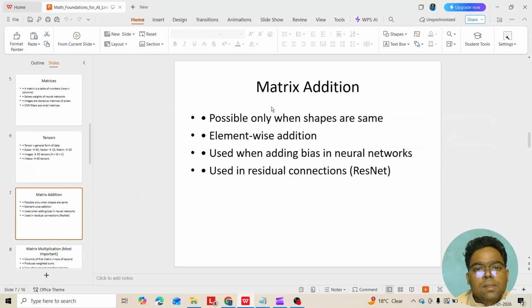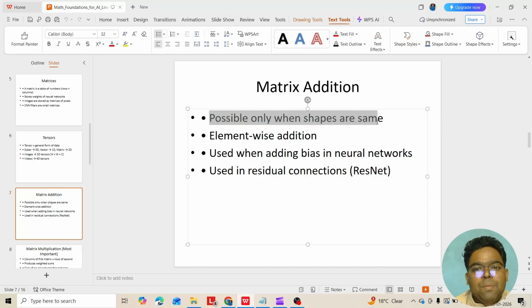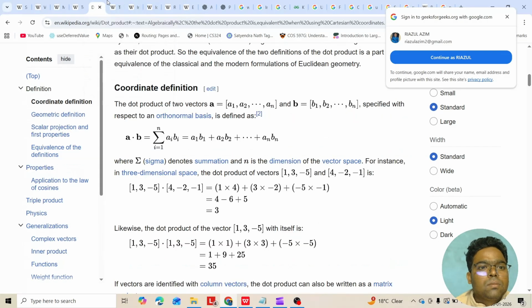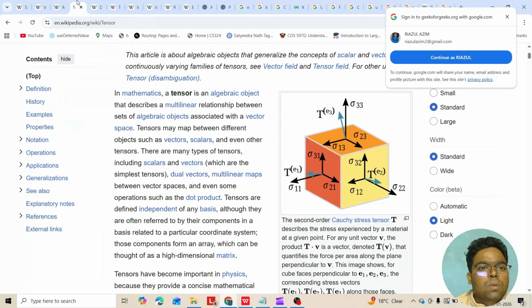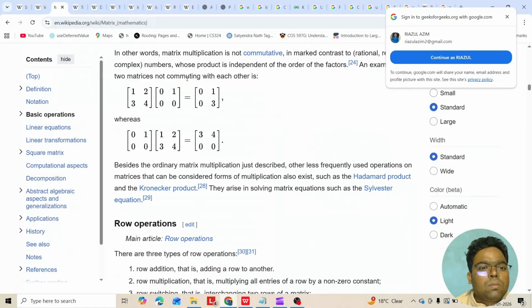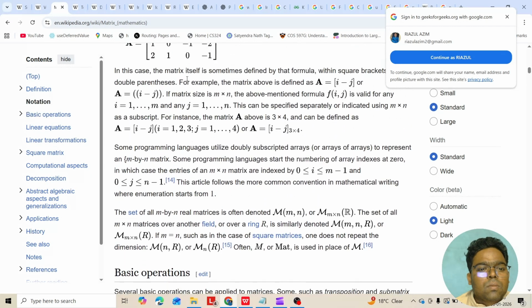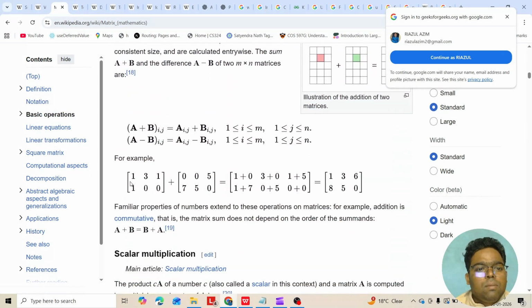Next we go to matrix addition, which is possible when the shapes are the same, element wise addition. So let's see that. A is a matrix, 2 cross 3, and B should also be 2 cross 3 to do the addition.